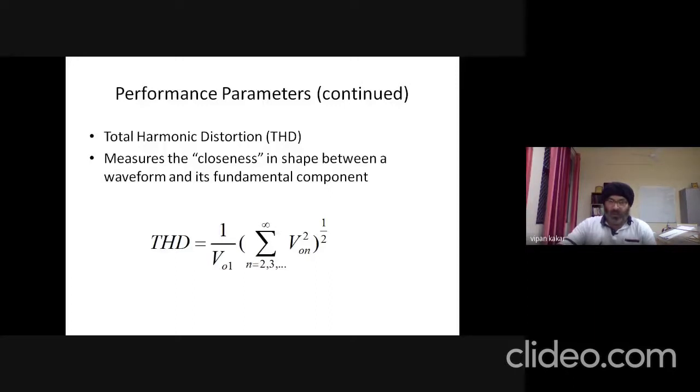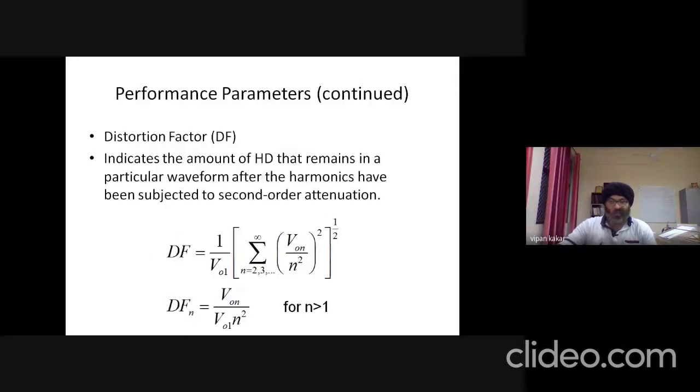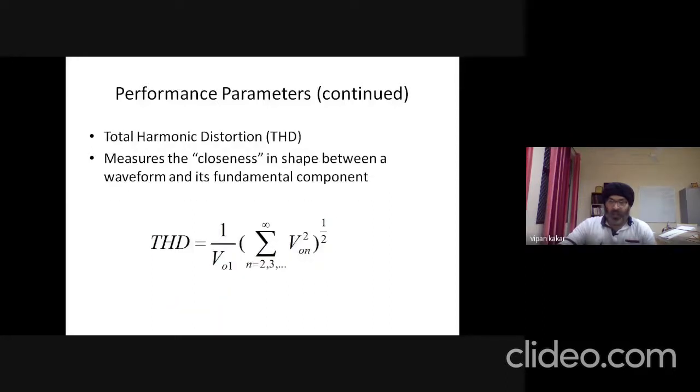So what is this total harmonic distortion? This is the harmonic component: taking the square root of the squares and summing all these harmonic components together. So let's say this is the harmonic component value for the second harmonic, n equal to 2.